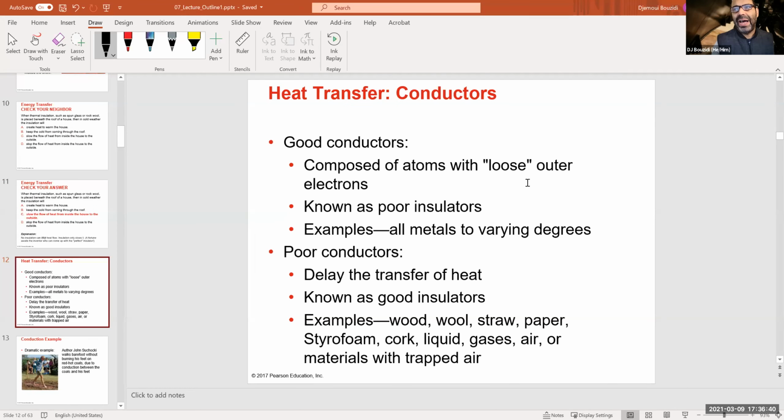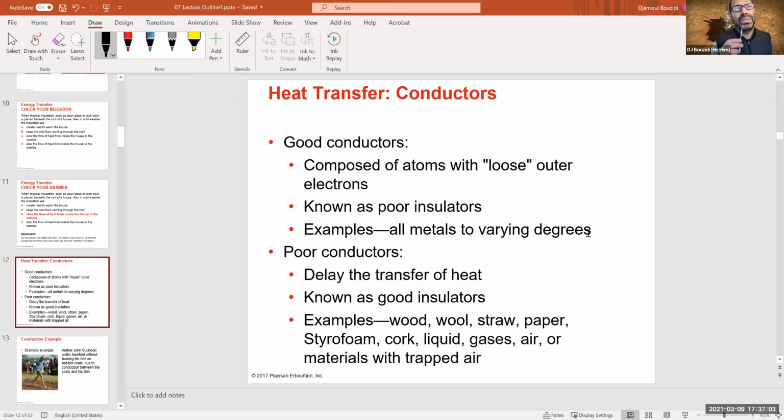Good conductors are composed of atoms with loose outer electrons. Basically, the electrons can move, like in metals. Metals are good conductors. And usually when they're good conductors of heat, they're also good conductors of electricity, because of the same reason, okay? All metals, to varying degrees. Of course, some of them are better than others.